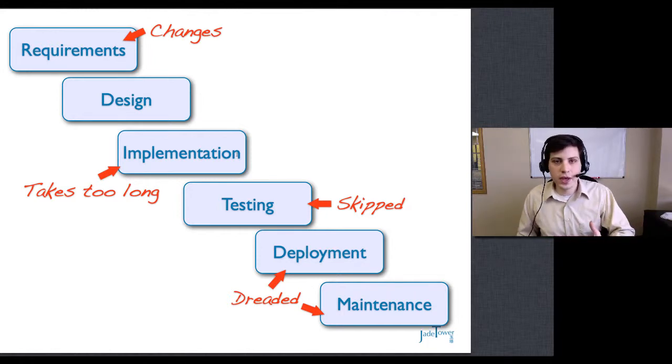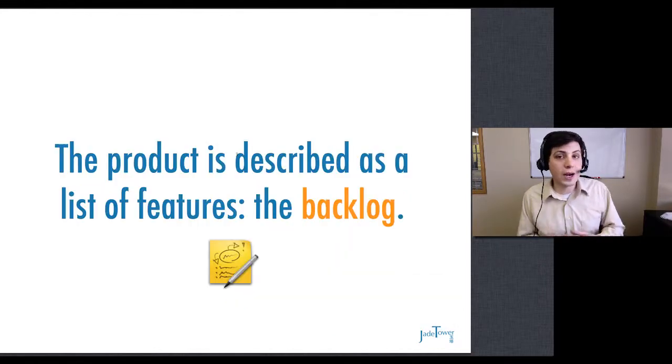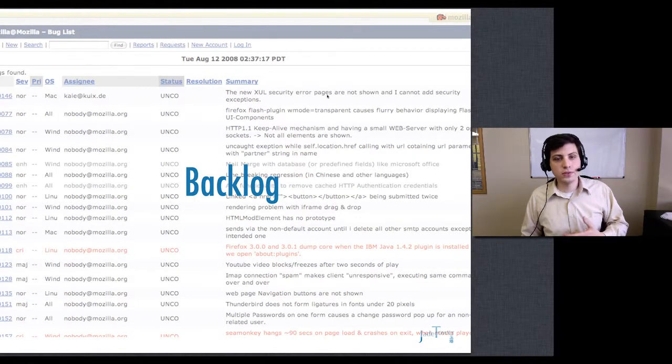And so rather than doing this upfront requirements gathering that has sort of very large implications for the entire process of developing the tool, we think about the product, right? The product as a finished entity is described as a list of features, or the backlog. And the backlog typically looks like something very specific.